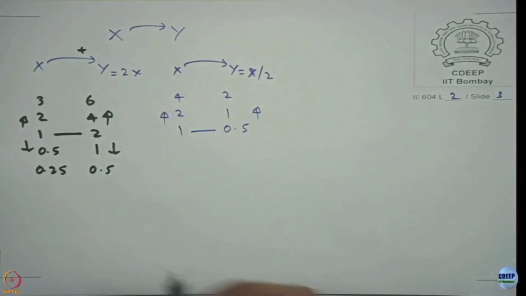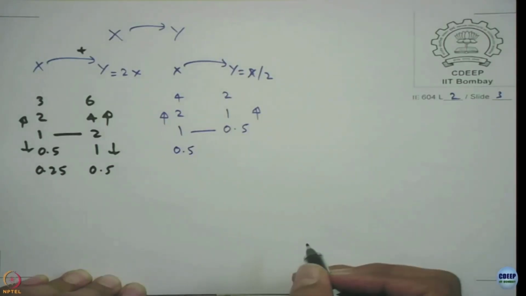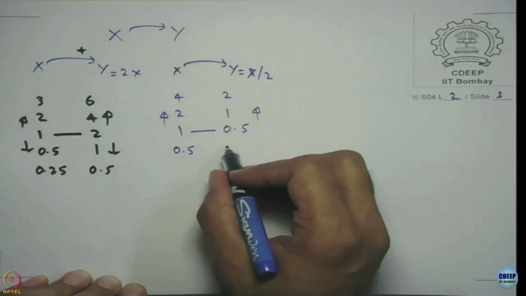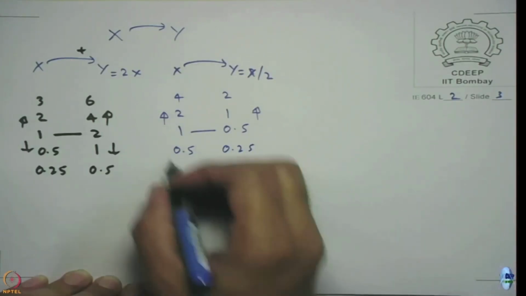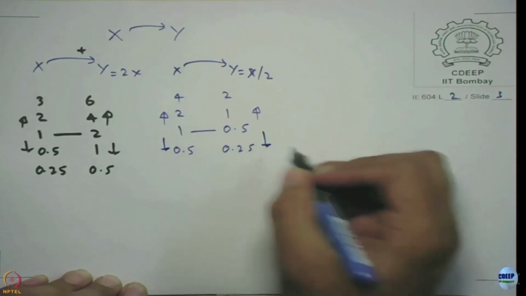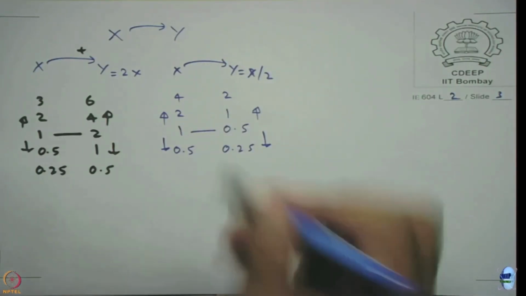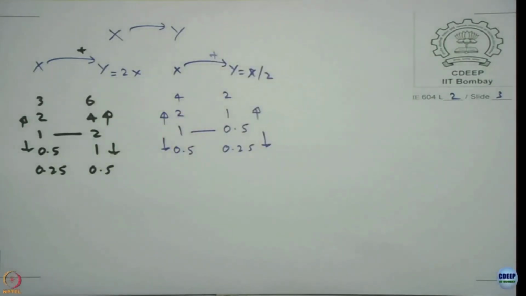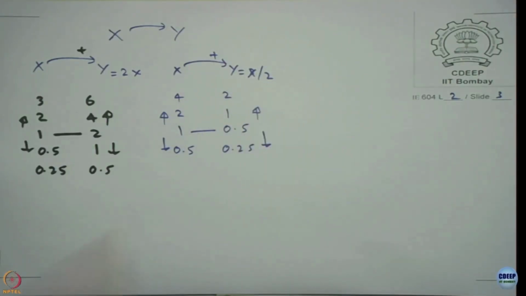Let us see, as x falls down, so instead of 1 it becomes 0.5, y will be 0.25. So, as x falls, y also continues to fall. It is still multiplying by a constant. Instead of multiplying by 2, you are multiplying by 0.5, still multiplying by a constant, and the direction of movement is the same. So, we continue to represent it by a plus sign, so x influences y in the positive direction. These kinds of things can lead to some tricky behaviors, that is why I explained it.